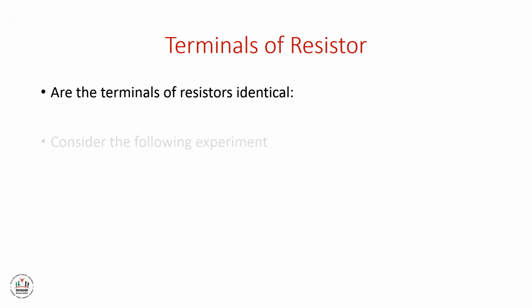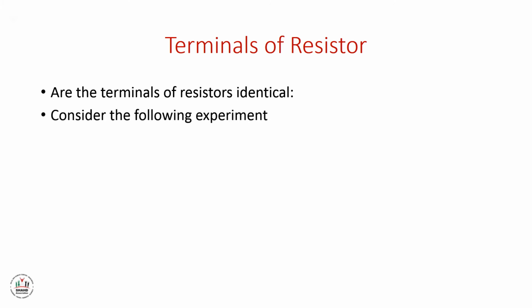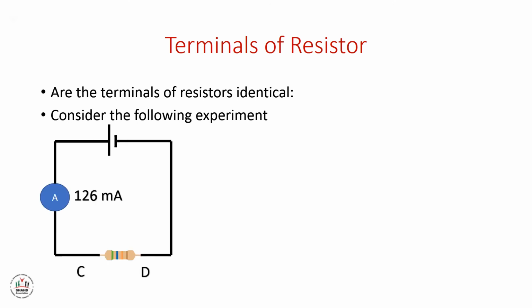Now let's test if the terminals of a resistor are identical or different. To do so, consider the following experiment. Connect the resistor to a dry cell, connecting the C terminal of the resistor to the positive terminal of the dry cell and the D terminal to the negative terminal. In this circuit, the ammeter indicates 126 mA.